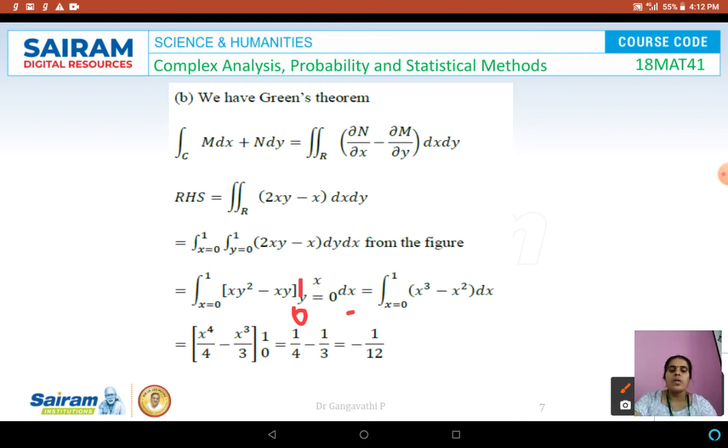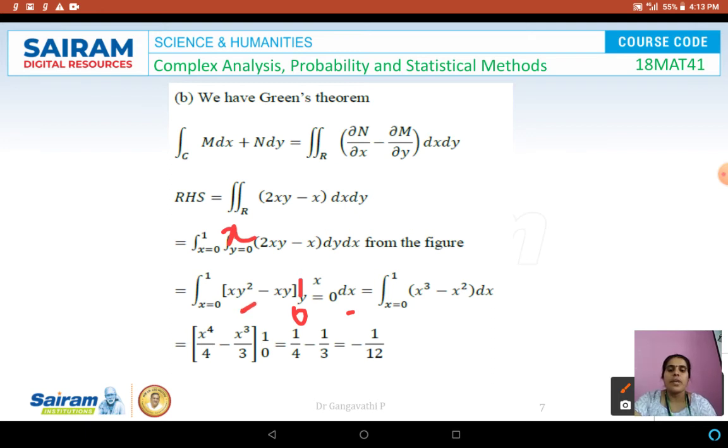On substituting the limit, when y is equal to 1, we get x into, this is y limits are from 0 to x, so y varies from 0 to x, y is equal to x.